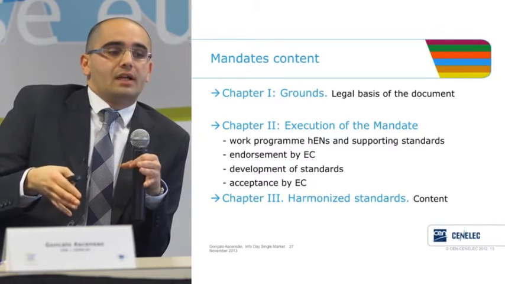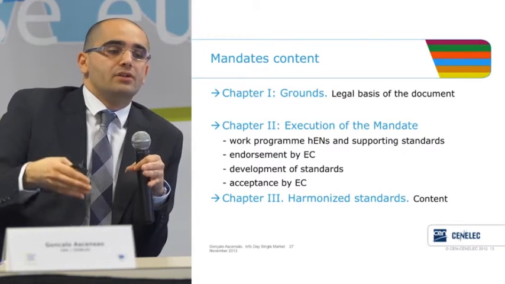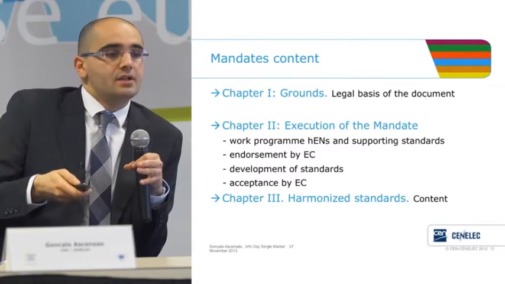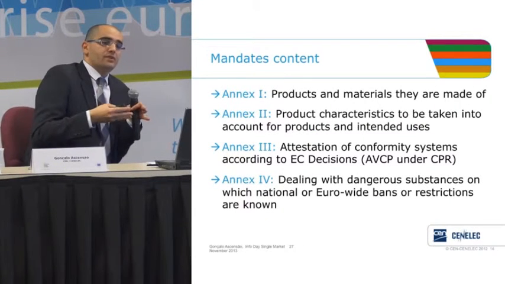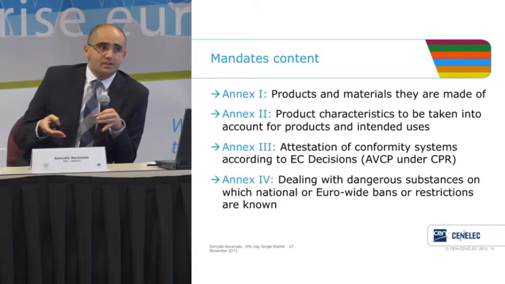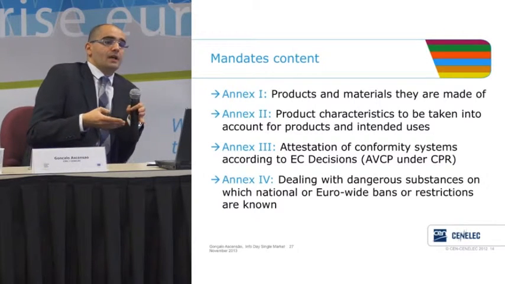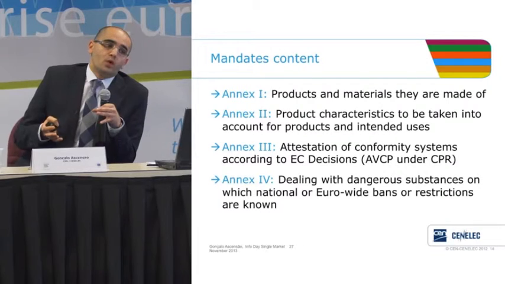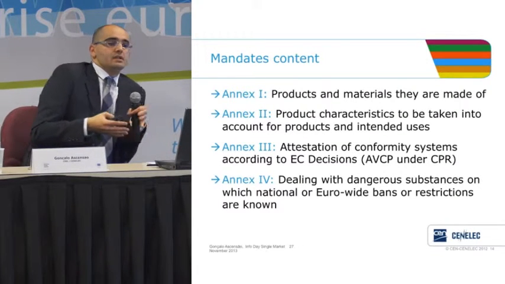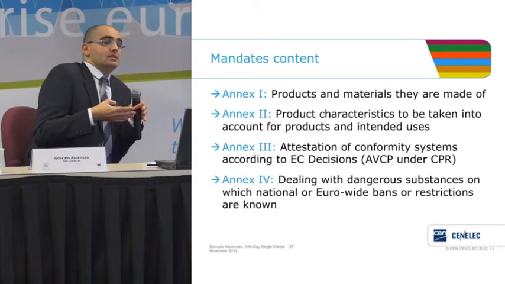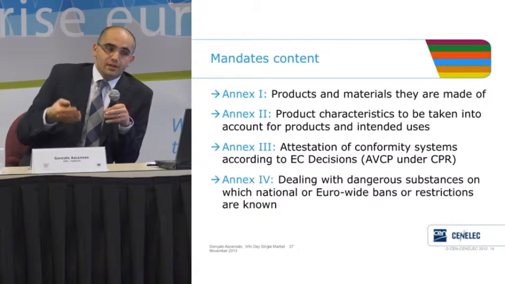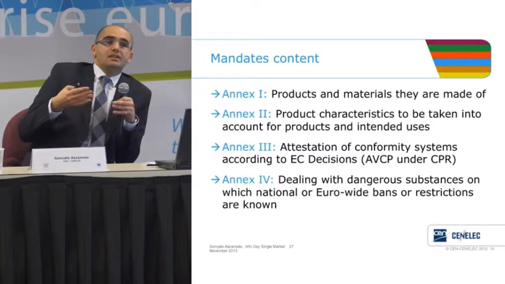It also includes a chapter that goes further on the content for harmonized standards. It also includes 4 annexes. The first one is identifying the type of products that the mandate is covering. The second one, one of the most important ones, is identifying the product characteristics that should be considered and the intended uses.